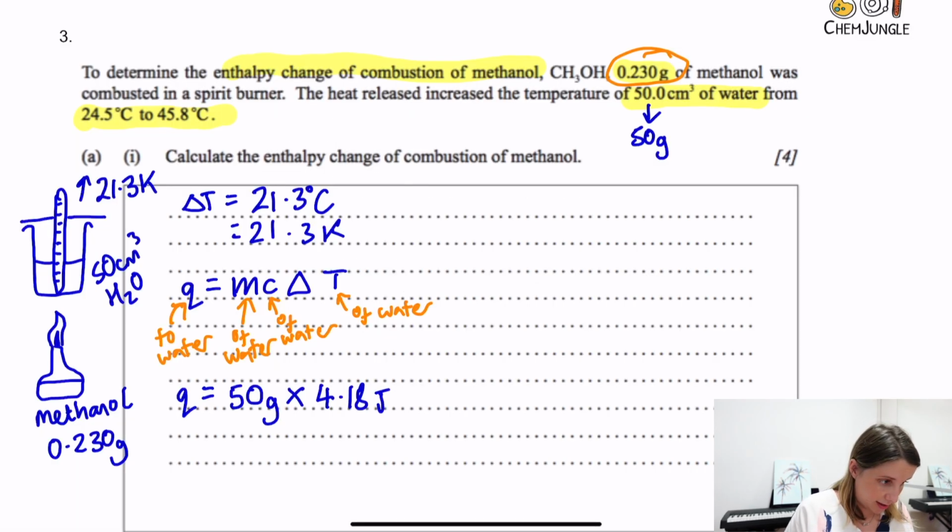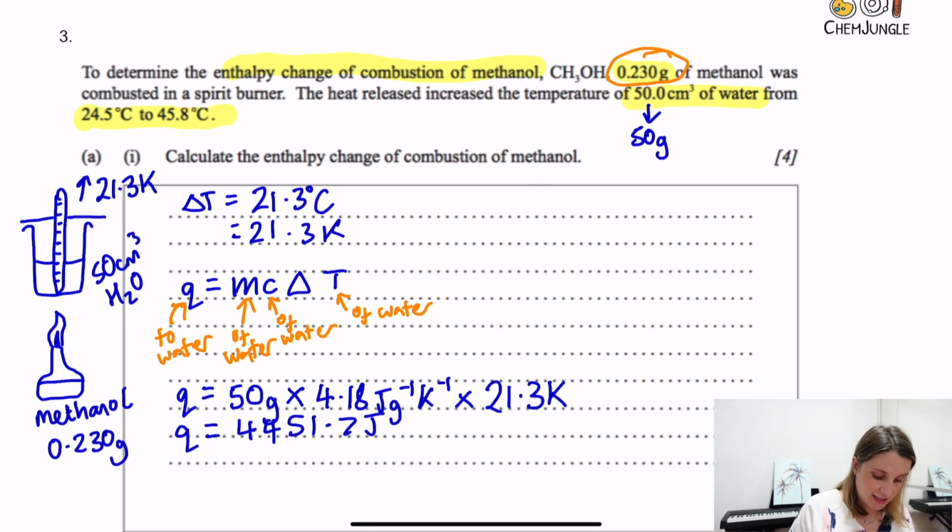And we'll keep it in joules per gram per Kelvin. And then the change in temperature, which we worked out at the top, which is my 21.3 Kelvin. So if we calculate that, you should get Q equals 4451.7 joules overall. And this is the heat energy transferred to the water.